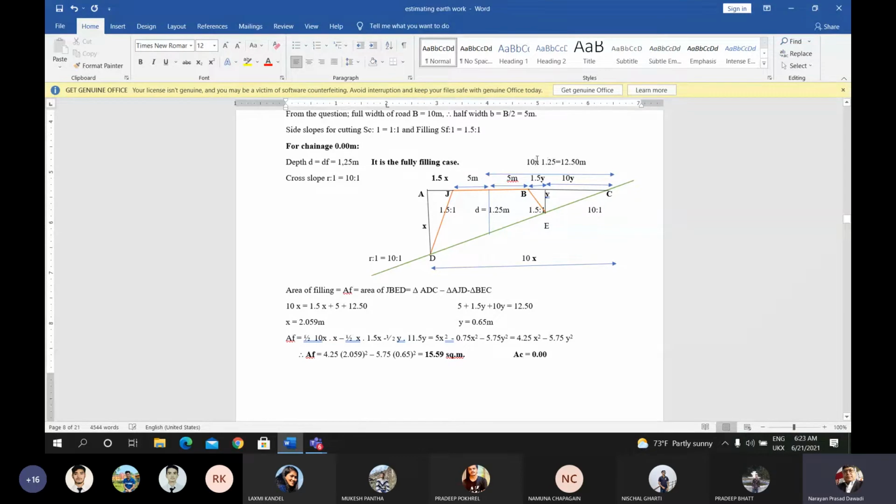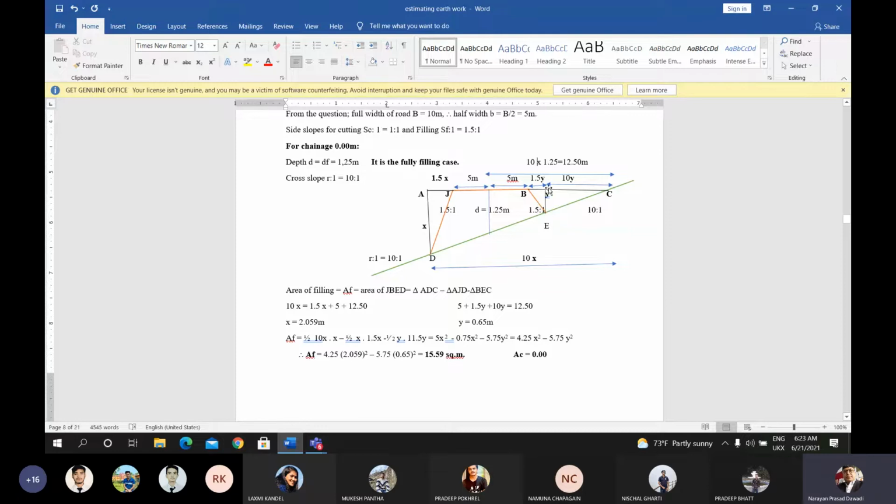Now, for the vertical height AD as x, for the triangle AJD the slope is 1.5 to 1, so the horizontal distance AJ will be 1.5x. Because this perpendicular is x and the slope is 1.5, the horizontal distance will be 1.5x. Now for the triangle BEC, the perpendicular height is y and the slope is 1.5 to 1.